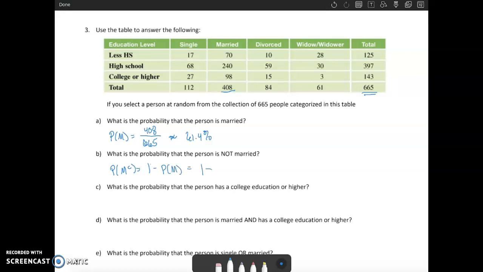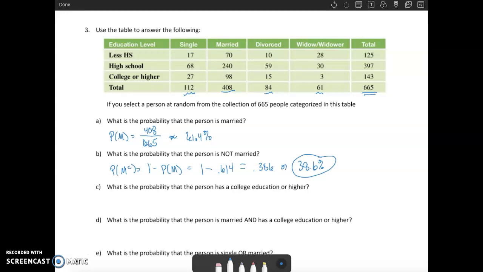So it's 1 minus, putting this back into its decimal form, 0.614, which is 0.386 or 38.6%. Now I could have added up these 84, 61, and 112 people to figure out my new numerator. Those would be all the people not married, but using the complement rule is a really quick, faster way to do that.